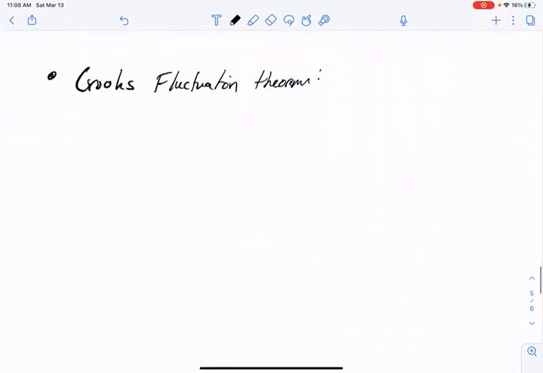So let's ask a simple question like that we've already done. Let's imagine I want to ask for the probability of observing a trajectory given some initial condition relative to observing that trajectory in the reverse direction of time.